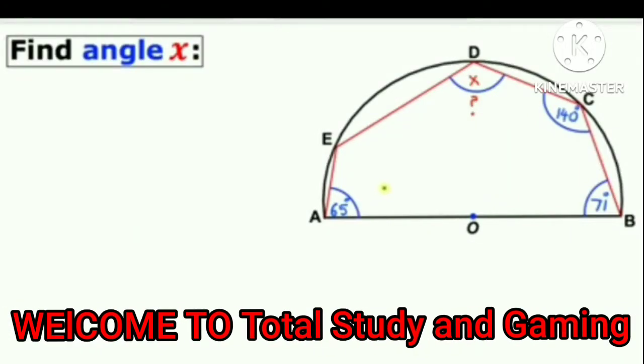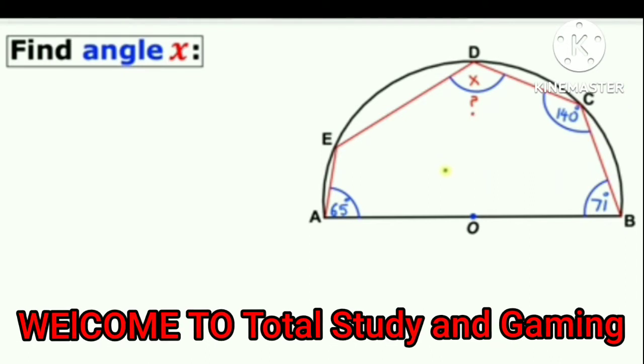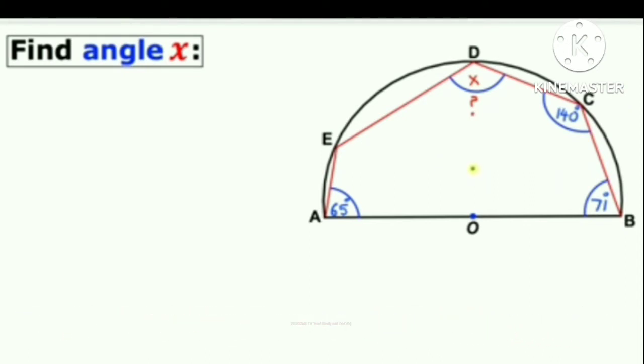We've got an irregular pentagon inside this given semicircle, as you can see in this figure, such that its vertices A, E, D, C and B are on this circle.